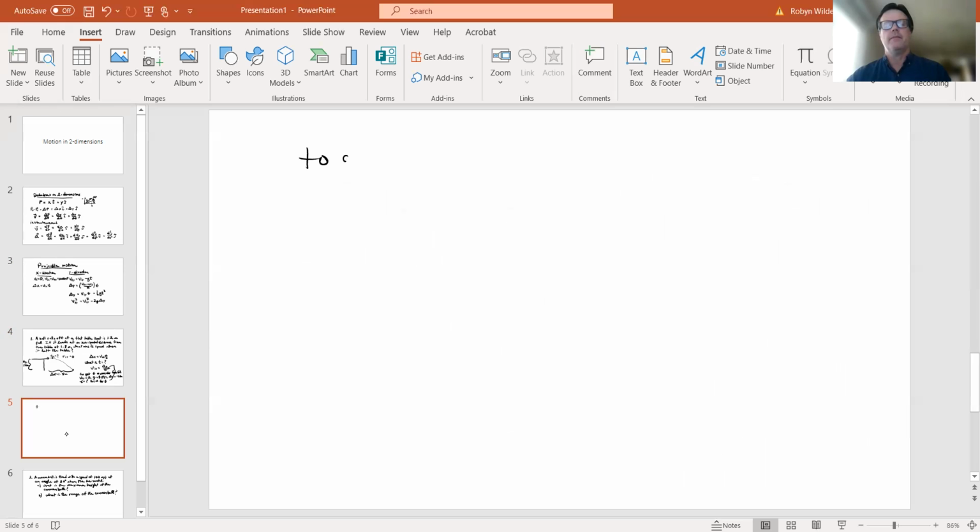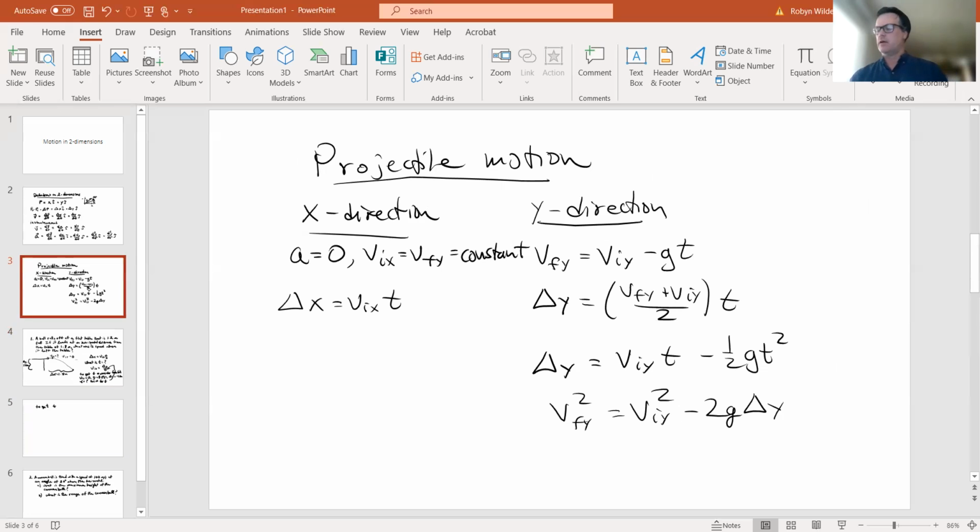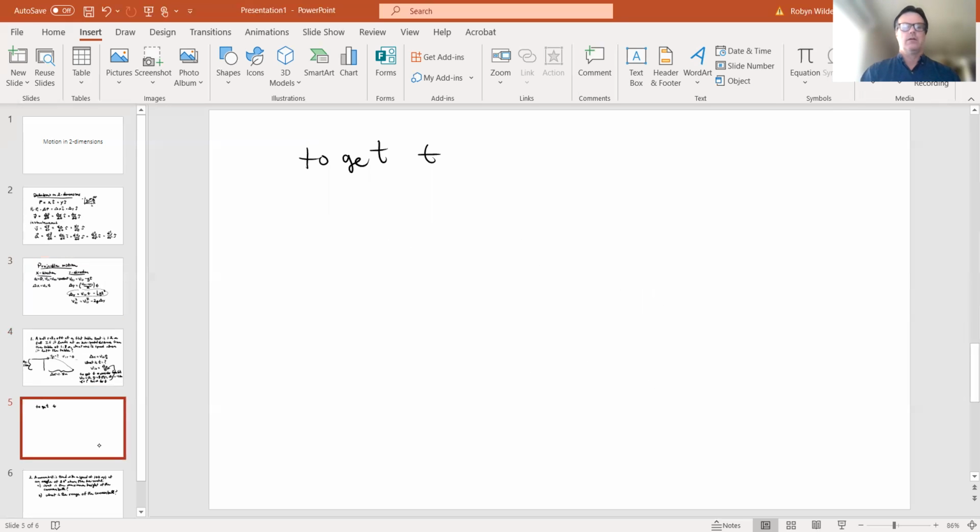To get the time, if I go back and look at my variables, I have an initial velocity in the y direction, I know g, I know delta y, and I want to solve for t. Looking at my equations, it looks like I could use that one. It has all of those variables in it. So let's use delta y equals VIY t minus 1/2 g t squared.